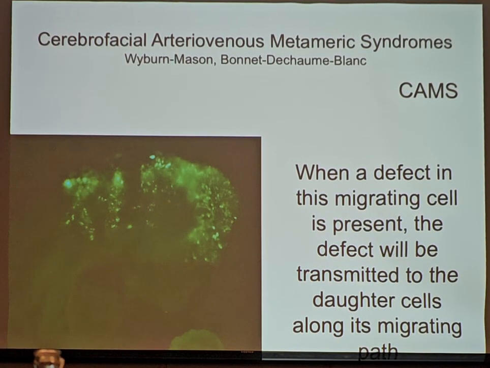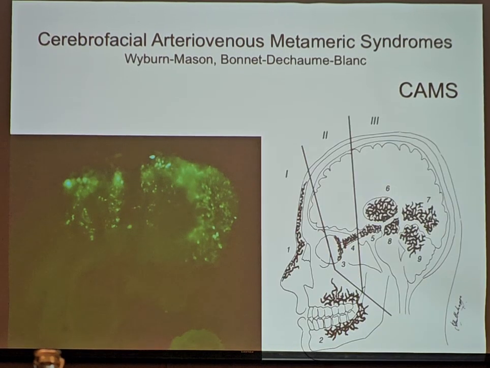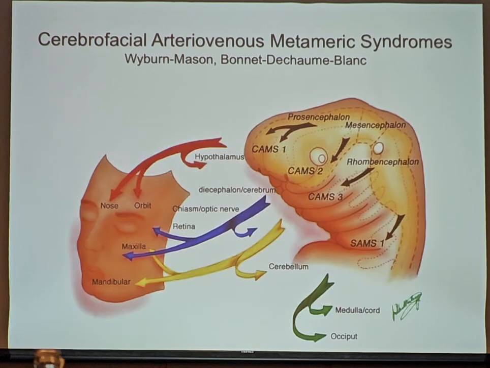The ectodermal cells go along their determined pathways, transmitting their daughter cells along these migrating pathways. The migration pathways are, for the prosencephalic, towards the midline structures, the hypothalamus and the nose. For the mesencephalic pathways, the diencephalon, the chiasm, the retina, and the maxilla. And for the rhombencephalic pathway, the cerebellum and posterior fossa structures, as well as the mandible.